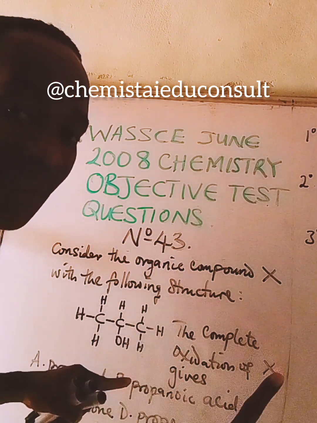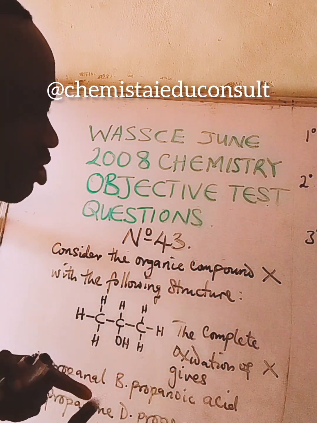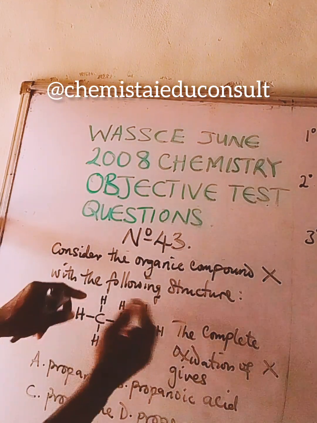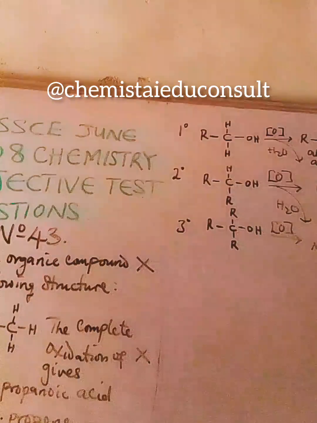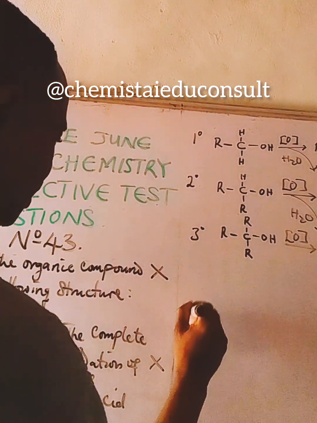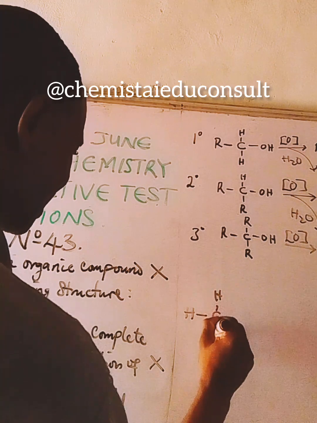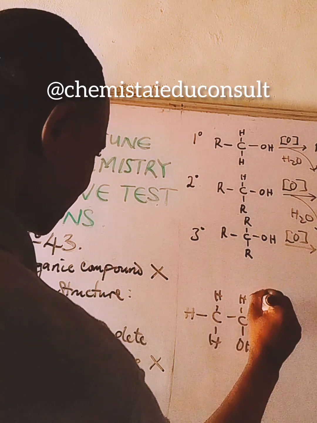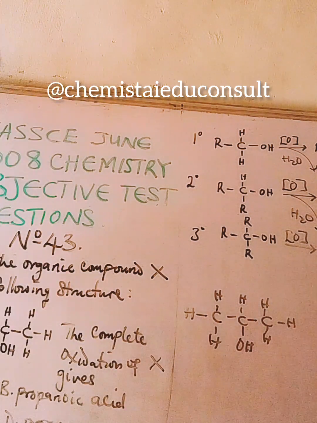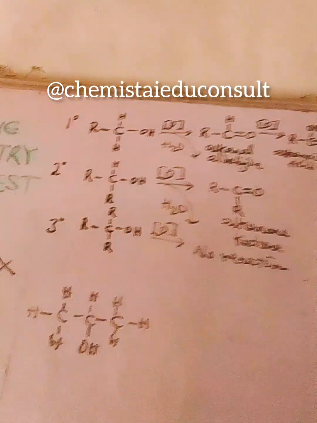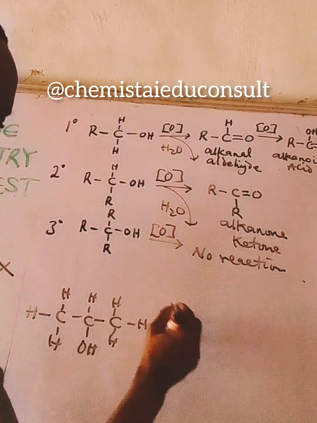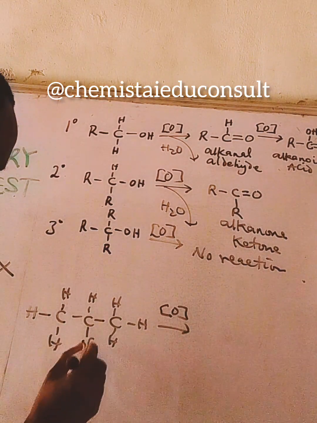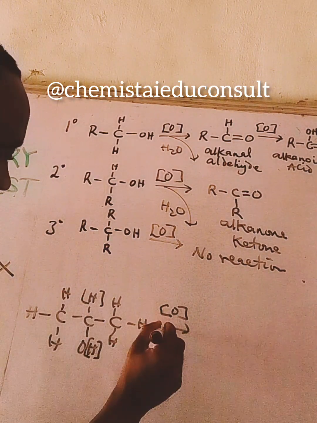So there should be a first step reaction, and this first step reaction produces alkanone. So the product will be, let me write the product. If we have this reactant, OH, CH, H, H, and we want to oxidize it, what this oxygen does is to collect this hydrogen and this hydrogen to form water.